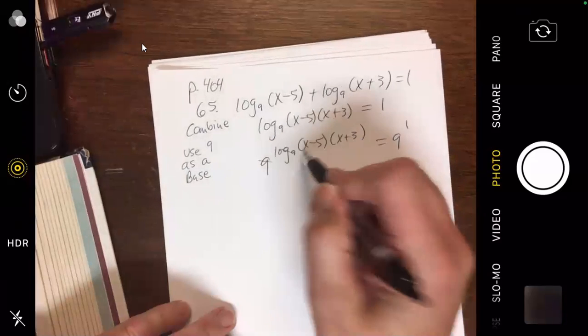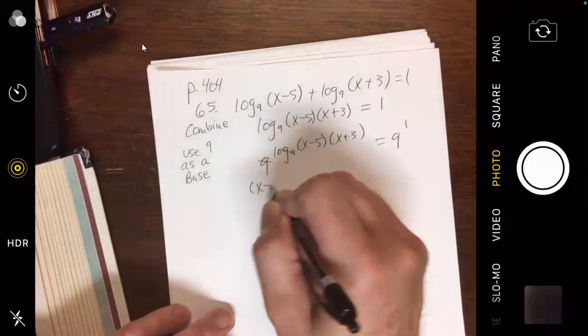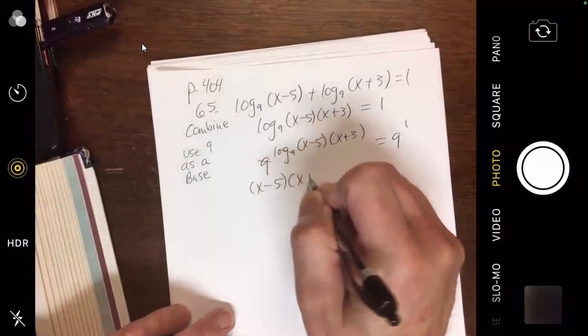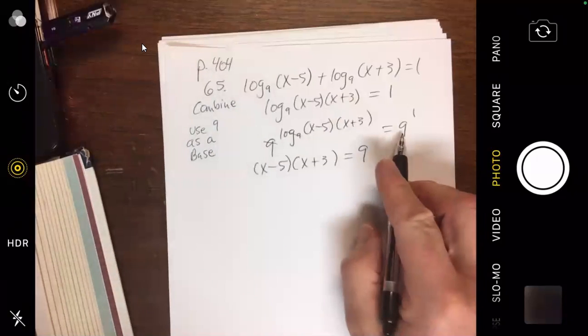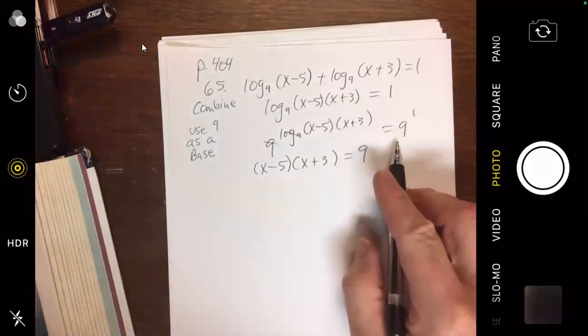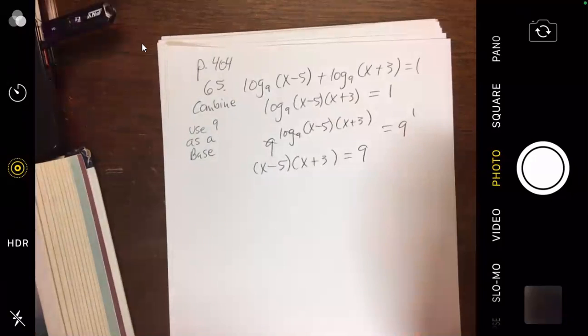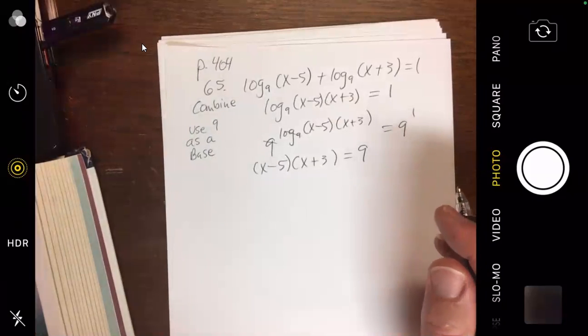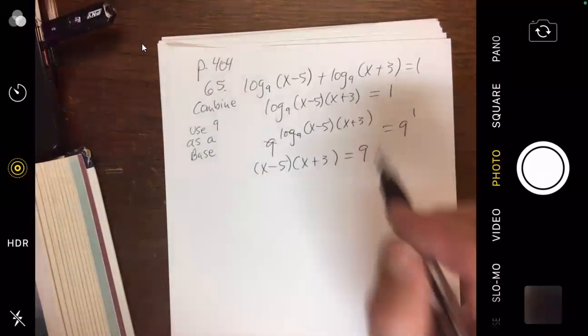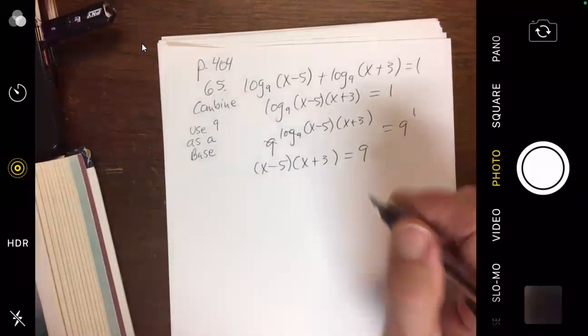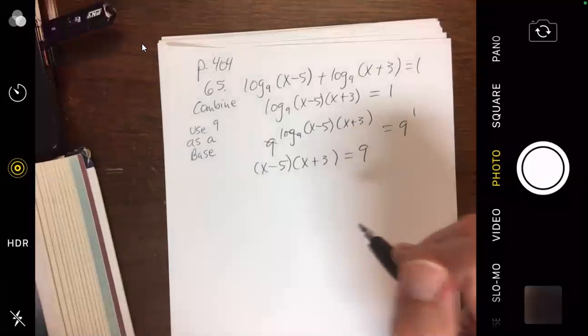So only one side really undoes, and you wind up with x minus 5, x plus 3 equals 9. A lot of people leave that 1 and then wonder why they get the wrong answer. So it's very important to know you're undoing what's shown and you're doing the same thing to both sides.